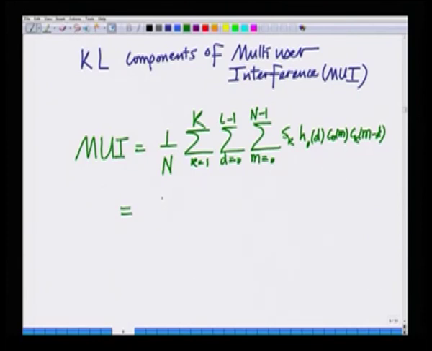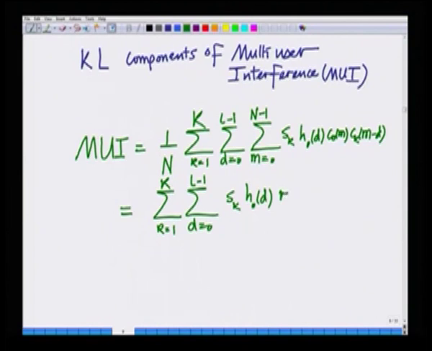summation over all users k equals 1 to capital K, summation over all paths d equals 0 to L minus 1. I will move this 1 over n inside, and this is nothing but Sk h 0 of d, and this C 0 m Ck m minus d summation over m is nothing but the cross correlation between the code sequences of user 0 and user k.